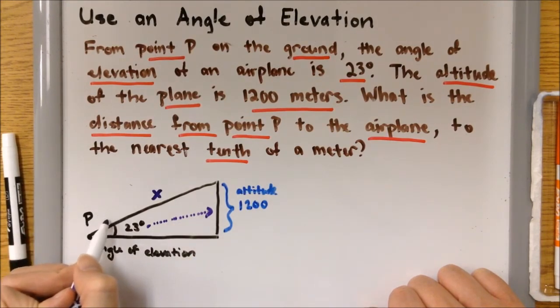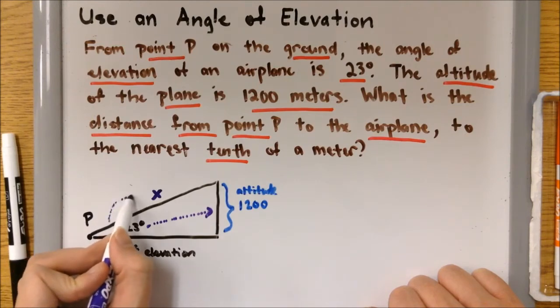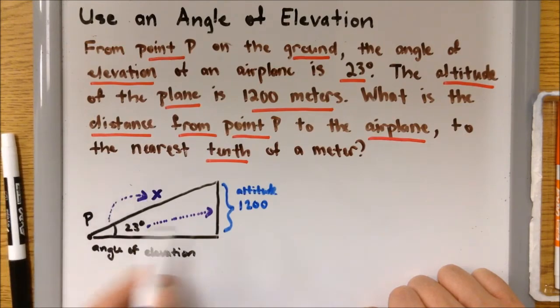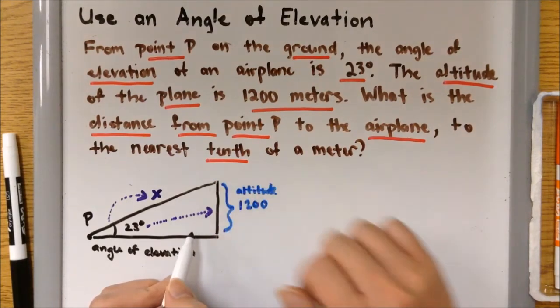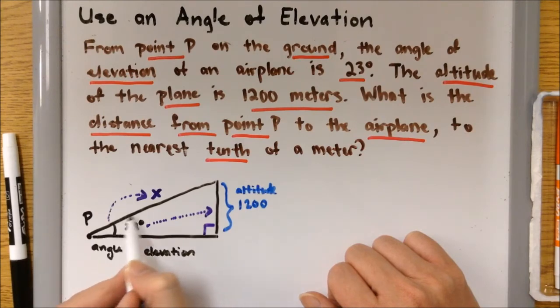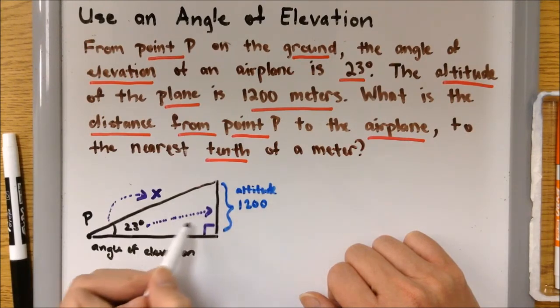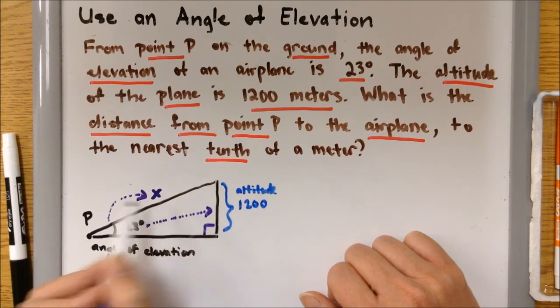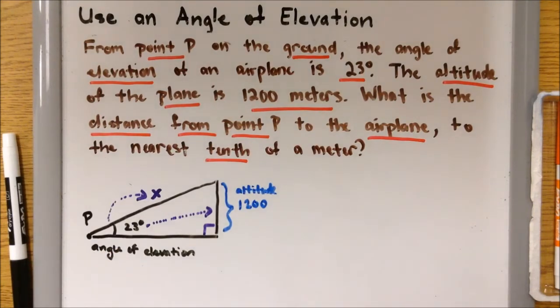Then this slanted line is our hypotenuse, because the horizontal ground and the altitude are perpendicular, so this is our right angle. Since this slanted line is across from the right angle, it is our hypotenuse.